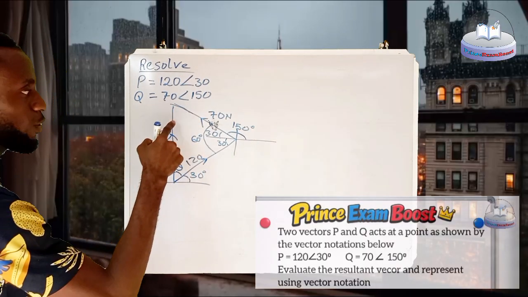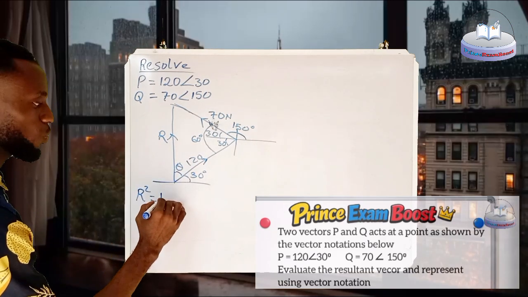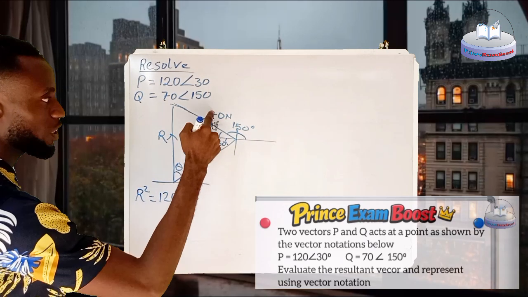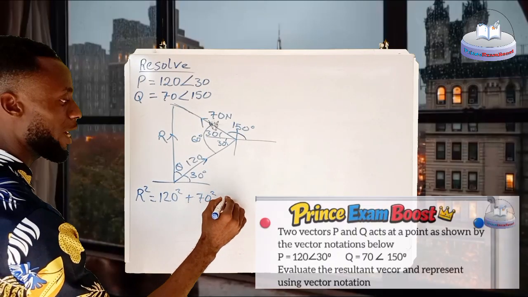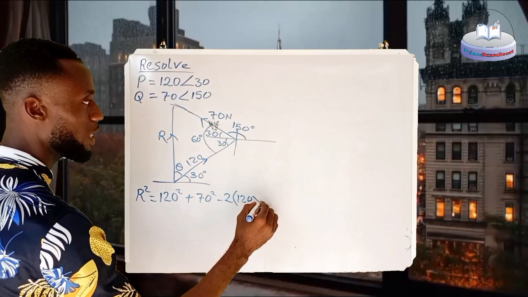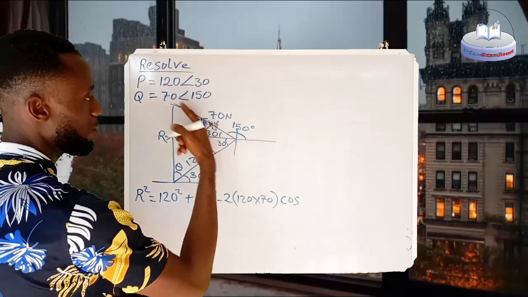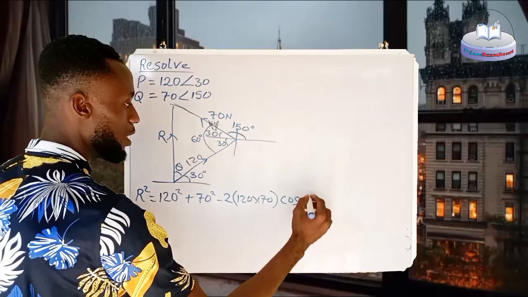So now that we have a complete triangle, remember the rule I gave: R squared will be the first one squared plus the second one squared minus 2 times the product of both of them, 120 times 70, cos of the angle that lies between them when we have drawn them head to tail. So that's 60 degrees.